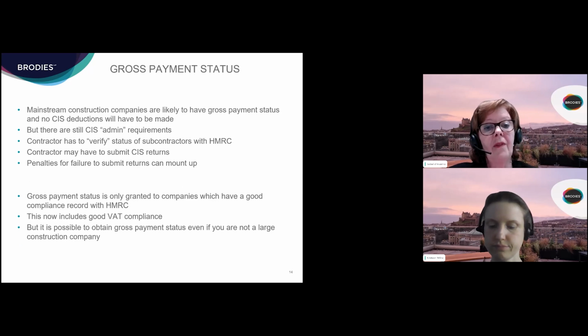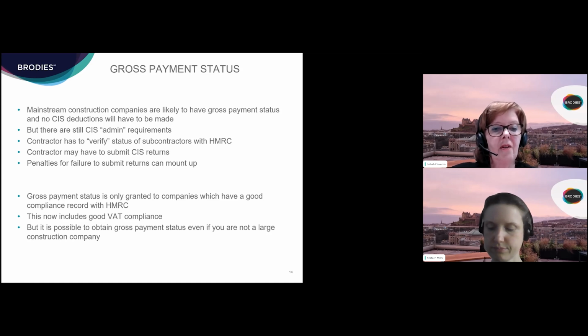But you do have to check the position, and there are still other admin requirements. So the contractor has to verify the status of subcontractors with HMRC. So even if it's a household name, big construction company, you're still supposed to verify the status. And there are CIS returns that contractors have to submit.